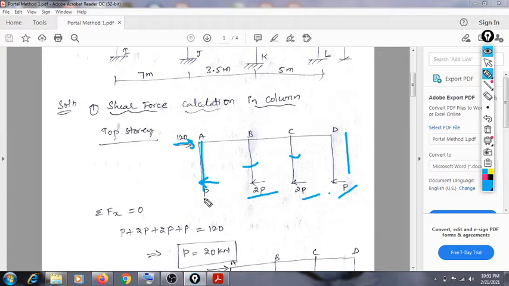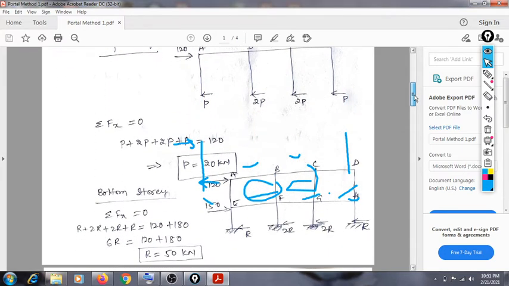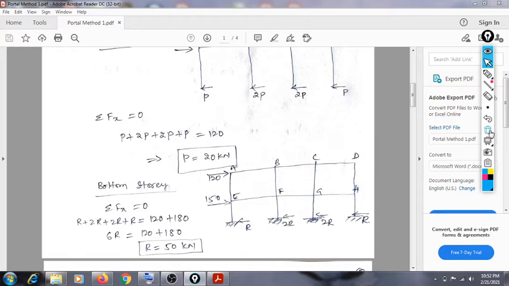If the end columns are having P and P here, then the intermediate columns will have 2P and 2P as loads, according to the assumption. And we have to know that sigma Fx is equal to 0. So when sigma Fx is equal to 0, we know that 120 is equal to P plus 2P plus 2P plus P, and P is equal to 20 kilonewton.